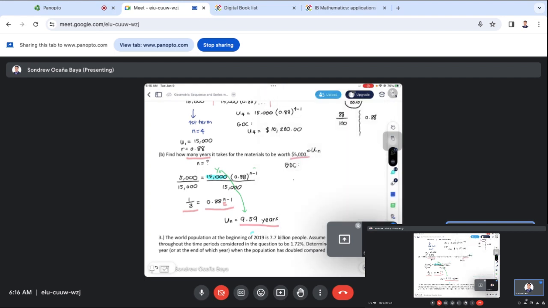Therefore, the material will be worth 5,000 after 8.59 years.